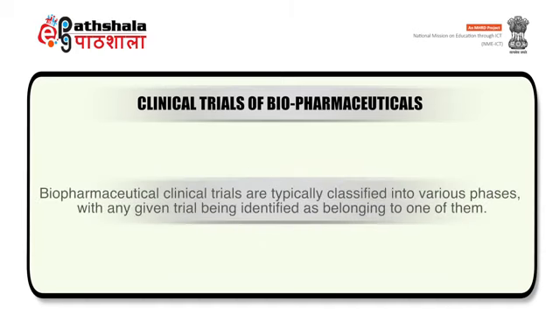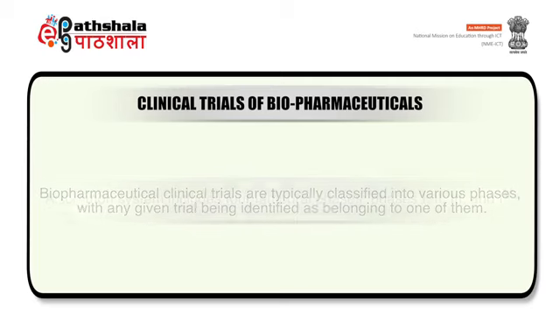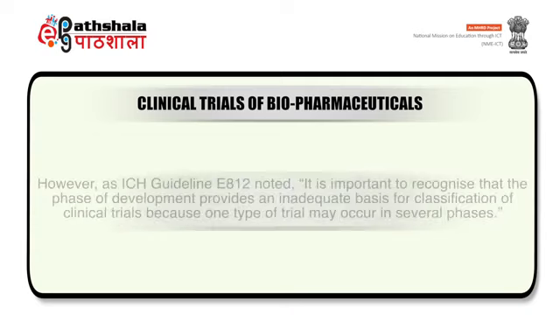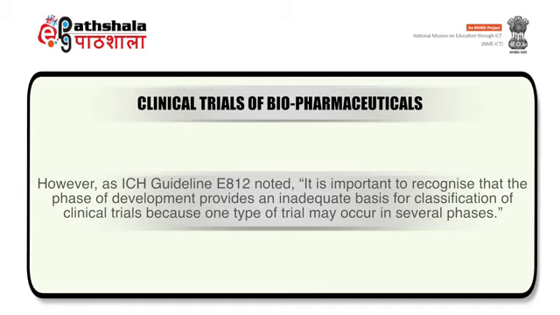Biopharmaceutical clinical trials are typically classified into various phases, with any given trial being identified as belonging to one of them. A common system includes 4 phases, phase 1, 2, 3 and 4. However, as per ICH guidelines, it is important to recognize that the phase of development provides an inadequate basis for classification of clinical trials because one type of trial may occur in several phases.